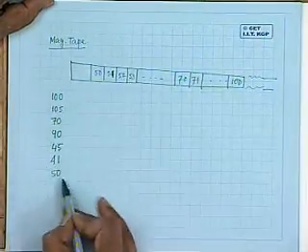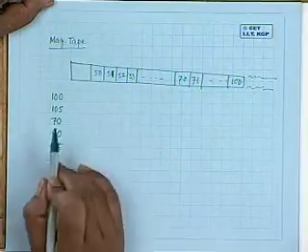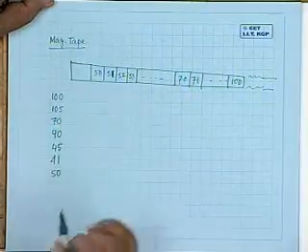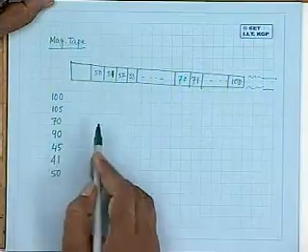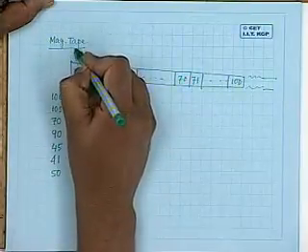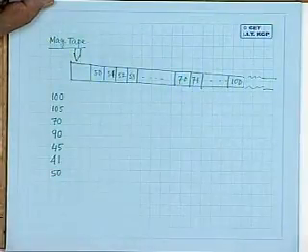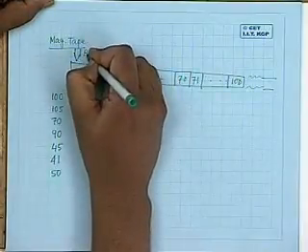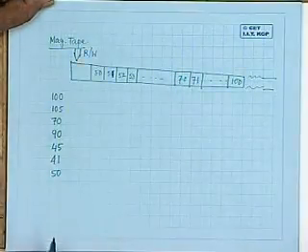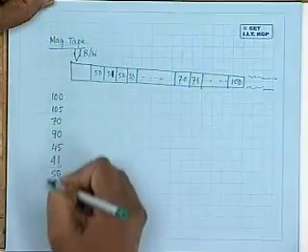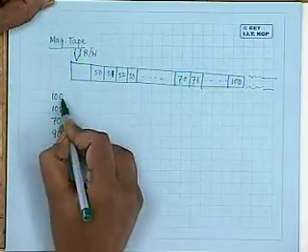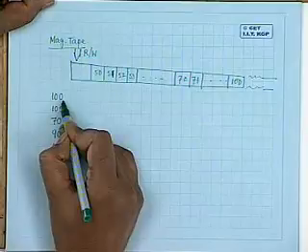So here you find, if the requests are to be met in this given order, initially our read-write head will be somewhere here. This is the read-write head. The first request is for access of record number 100.